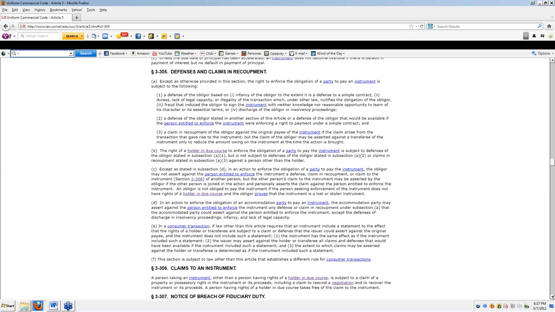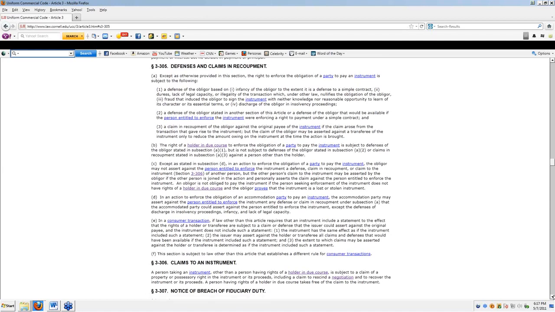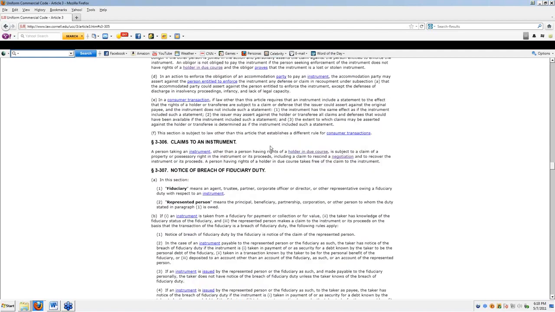Read that right here, 3-306. Claims to an instrument. A person taking an instrument other than a person having rights of a holder in due course is subject to a claim of a property or possessory right in the instrument or its proceeds, including a claim to rescind a negotiation and to recover the instrument or its proceeds.